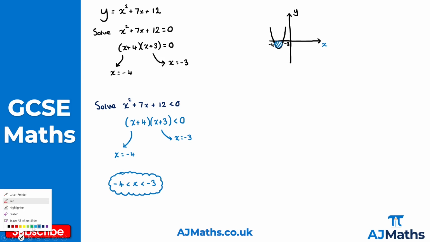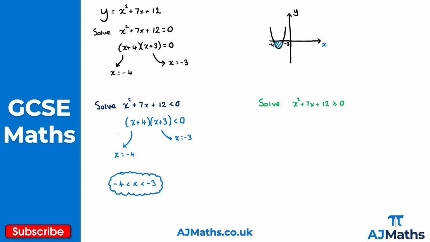Now let's do this in a different color and consider what happens when we are greater than or equal to 0. So solve x squared plus 7x plus 12 is greater than or equal to 0. Again, the first step is the exact same.